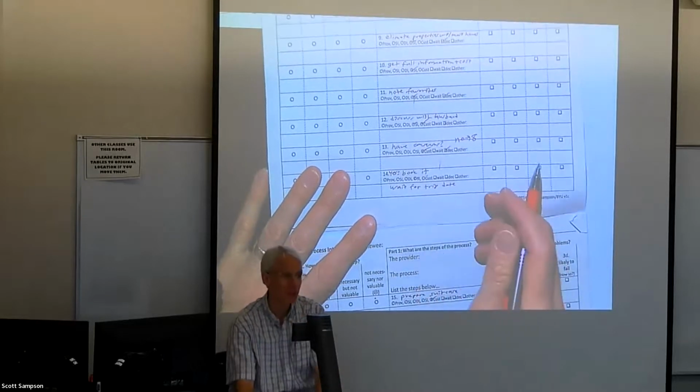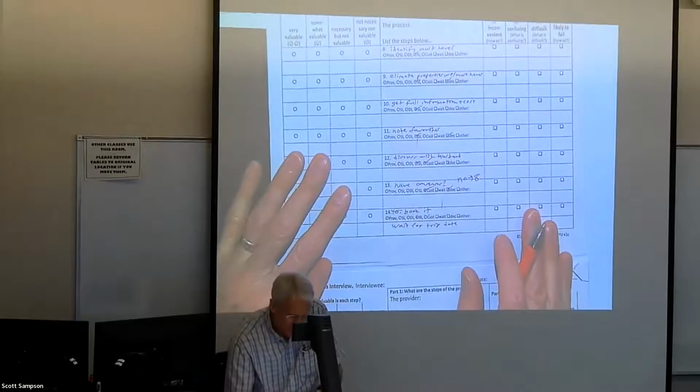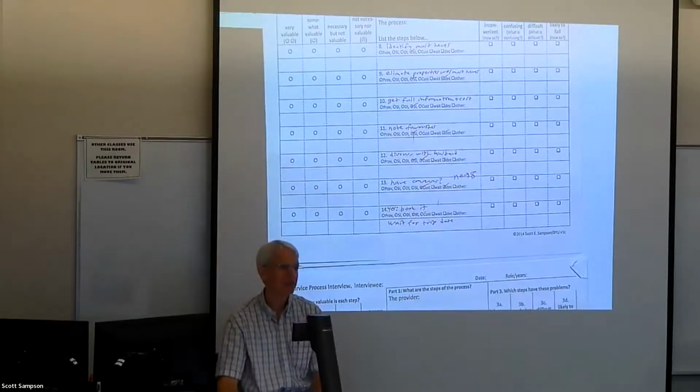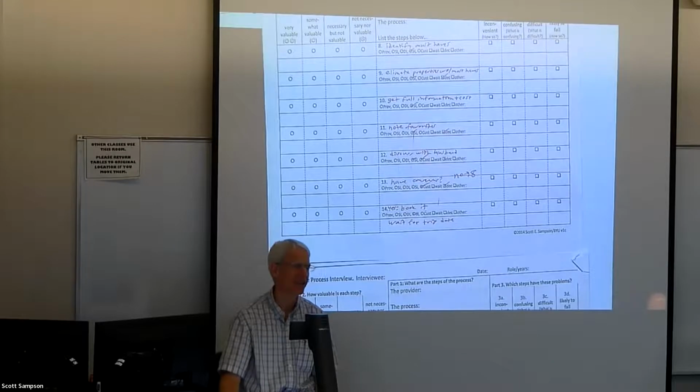Now, there actually is another one that we would have done if this was the Sampson household, which is discuss with husband. Sometimes with the Sampsons, we drag on for like a week or two about things. It's like, oh, we're going to talk about that trip. Oh yeah, we've got to talk about that.